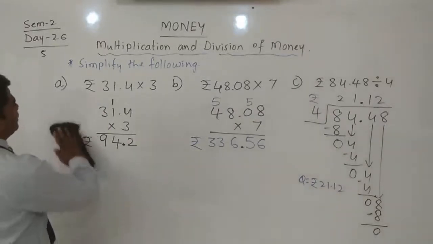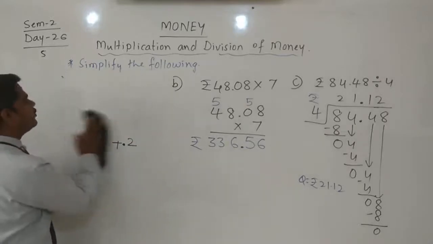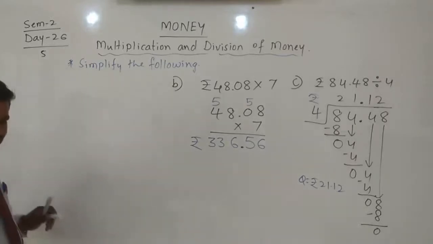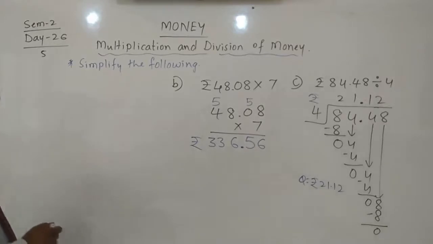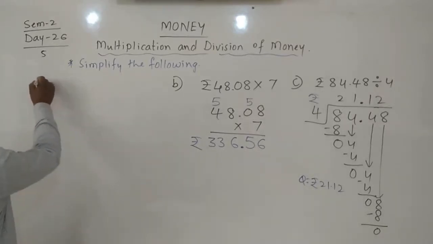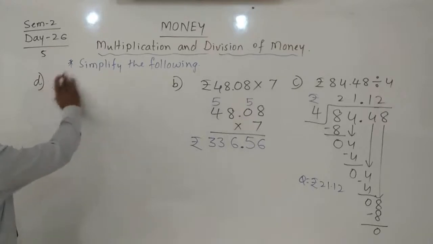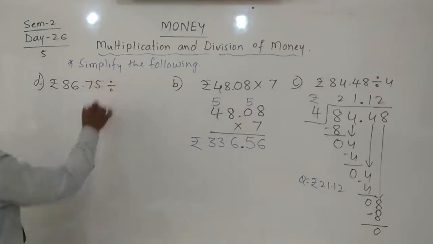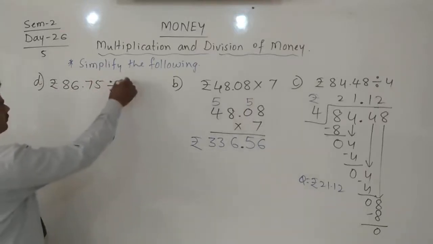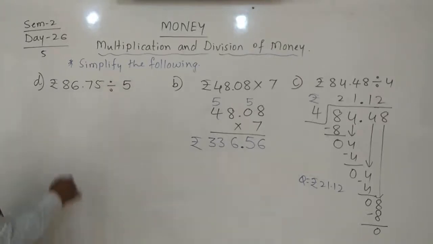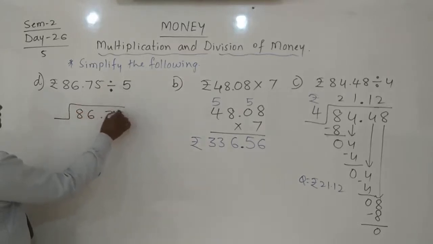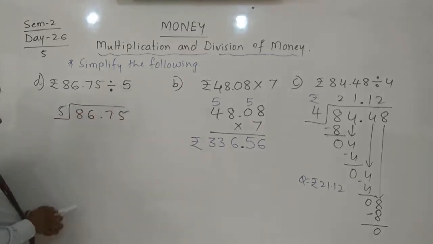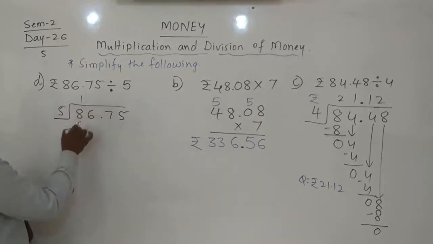Rupees 86.75 divided by 5. Very simple. Here we only insert the rupee sign; these are decimal numbers. Write it in the division form. 86.75 by 5. 5 ones are 5. Then 3 remains.